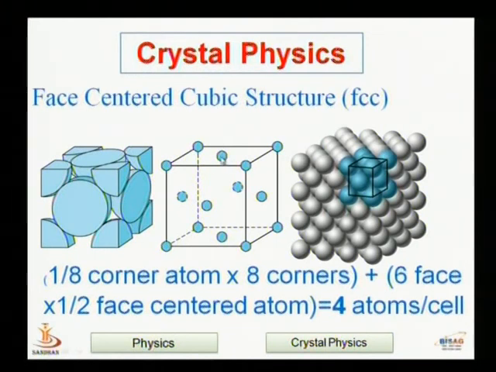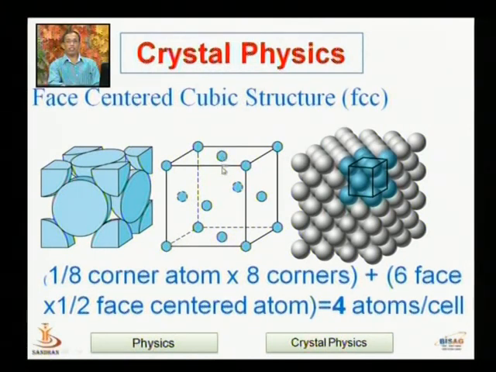So 1/2 of the point is lying in this cell and 1/2 in the upper one. Similarly here, 1/2 of the atom is lying within the cell and 1/2 in the adjacent one. So there are 6 faces, face centered atom. So 6 into 1/2 plus 1/8 into 8. So this is equal to 4 atoms per cell. So we can say that FCC lattice is having 4 points per cell, or you can say FCC structure is having 4 atoms per cell.